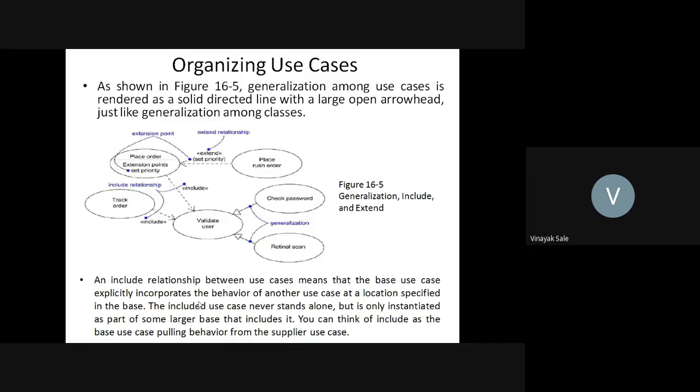The included use case never stands alone, but is only instantiated as part of some larger base that includes it. You can think of include as the base use case pulling behavior from the supplier use case.